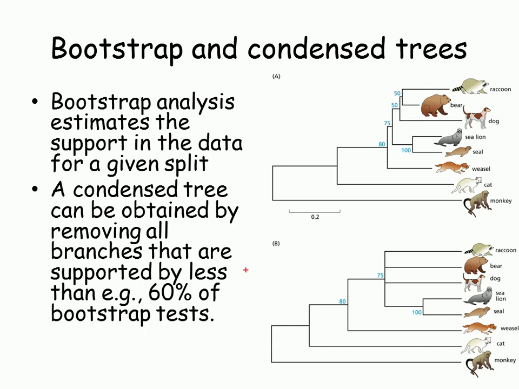Another way to evaluate a tree is by bootstrap analysis. If you have a large data set from which you can generate a tree, what you can do is take a portion of the data set and generate your tree. Let's say you take 90% of the sequences.